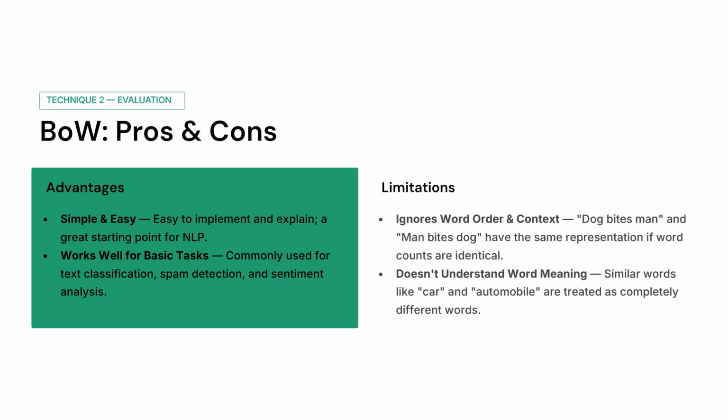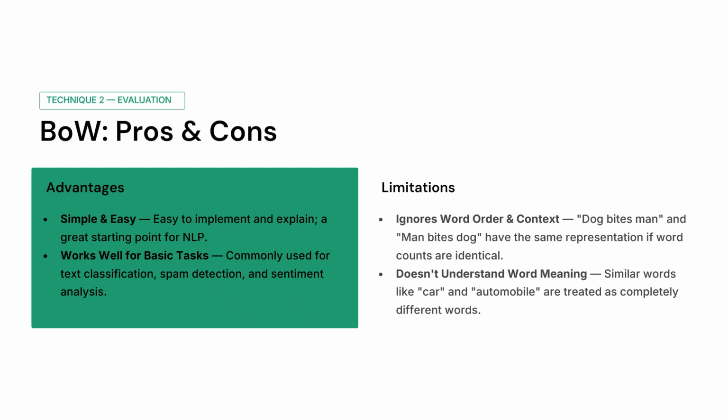So here, let's look at a few advantages and limitations of this. The first is that, along with one-hot encoding, it's also pretty easy and simple to implement. And it works pretty well for basic tasks, as I just discussed previously, like text classification, spam detection, and sentiment analysis.